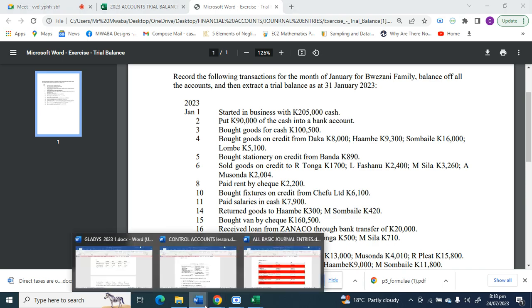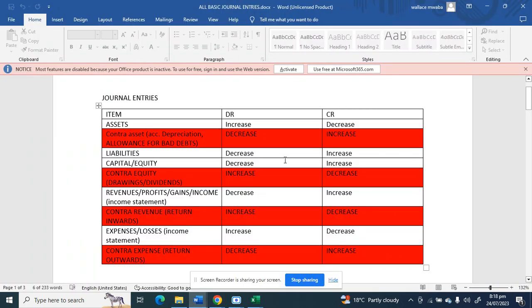So now this is where I apply the double entry rules. Capital is a capital account. If the capital account is increasing, you credit. So credit the capital account 205,000. Cash is an asset. An increase in an asset, you debit.